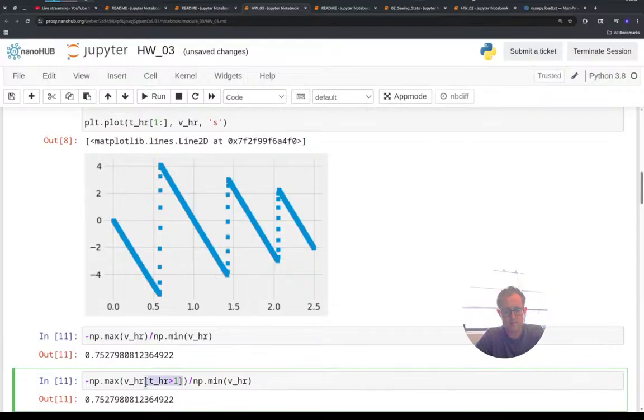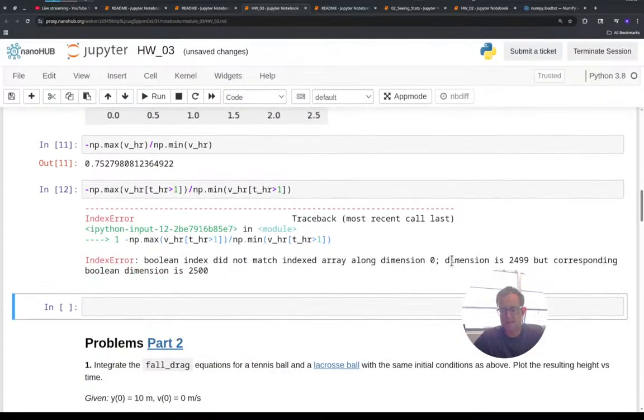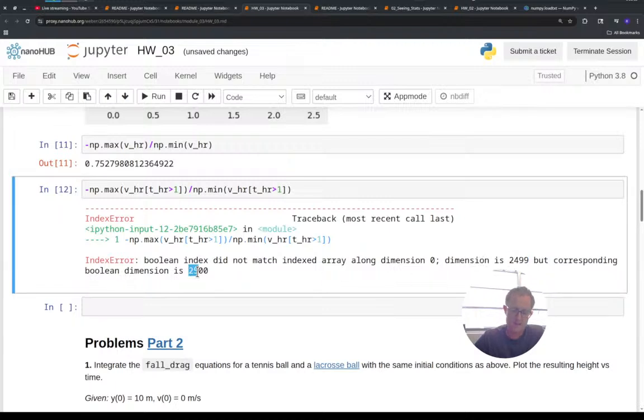And this is probably going to give me another indexing error, similar to our plotting, but that's okay. We'll fix it. See, it's telling me, hey, these dimensions don't match. Look, this is 2499, this is 2500. It's only one index. Like, come on, man. But we can fix it, right?